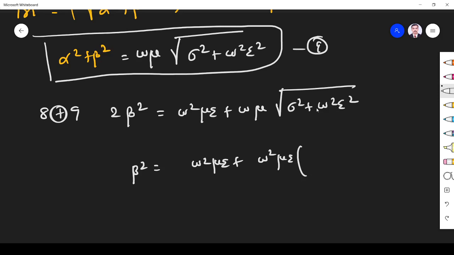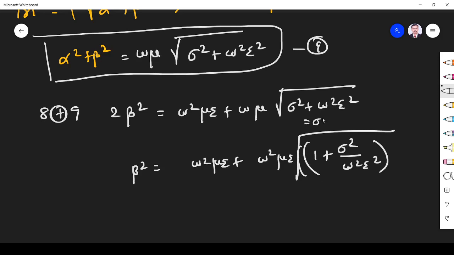I take omega squared epsilon squared outside, so it becomes omega squared mu epsilon times the square root of 1 plus sigma squared over omega squared epsilon squared.